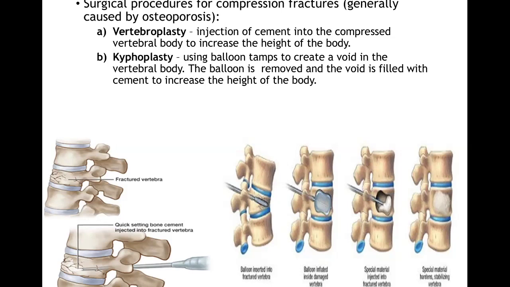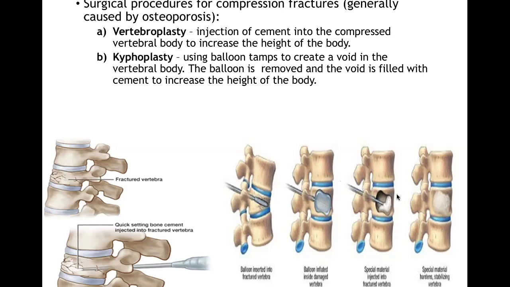Now the balloon is going to be removed because they've already created that opening in the vertebra. Then they're going to go back into the opening that they just created to fill it with cement.